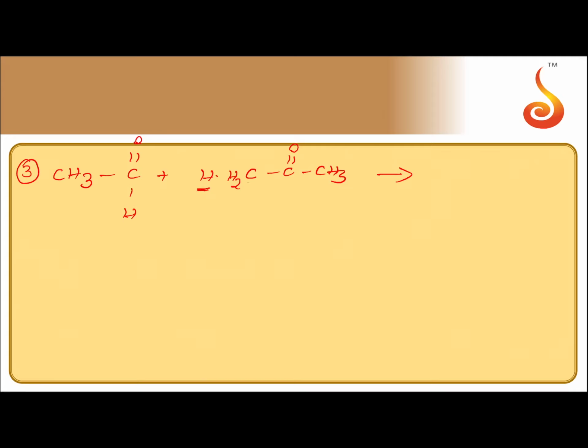So what I told you: this hydrogen should form a bond with oxygen and these two carbon atoms should be bonded with each other. So what will I get? CH3CH(OH)CH2COCH3. This is the third product.